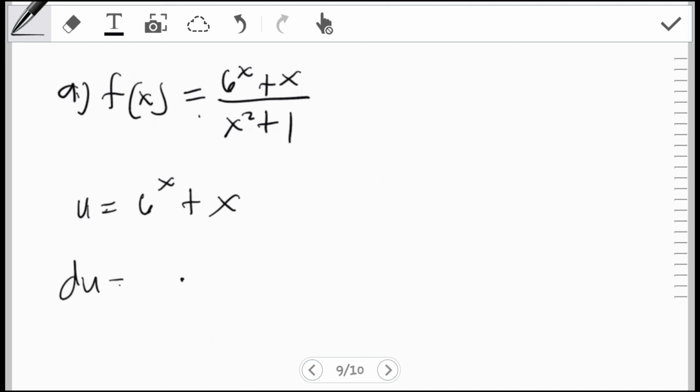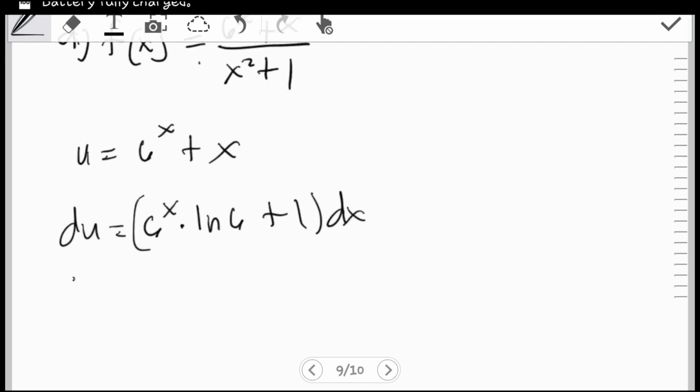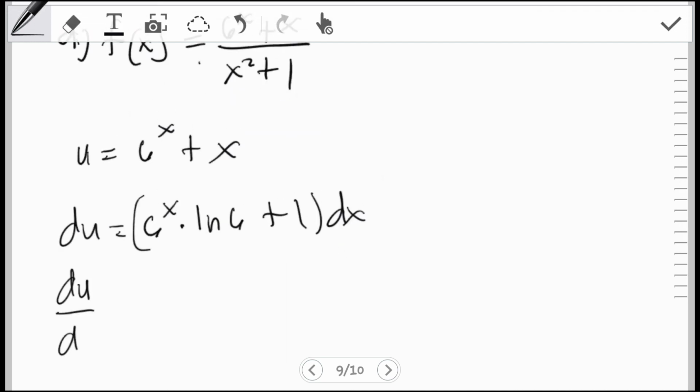So where du is equals to 6 to the power x ln 6 plus 1 dx. Okay. So where du over dx is equals to 6 to the power x ln 6 plus 1.